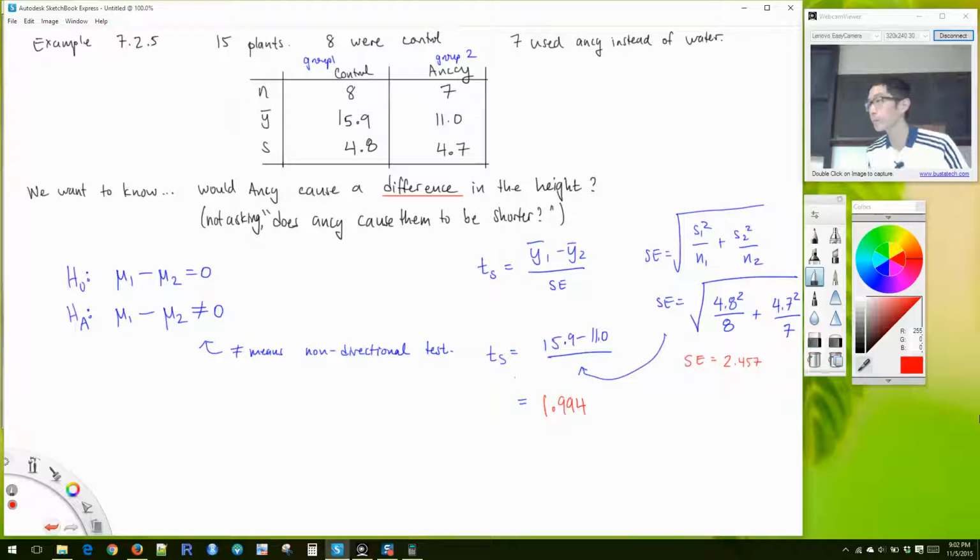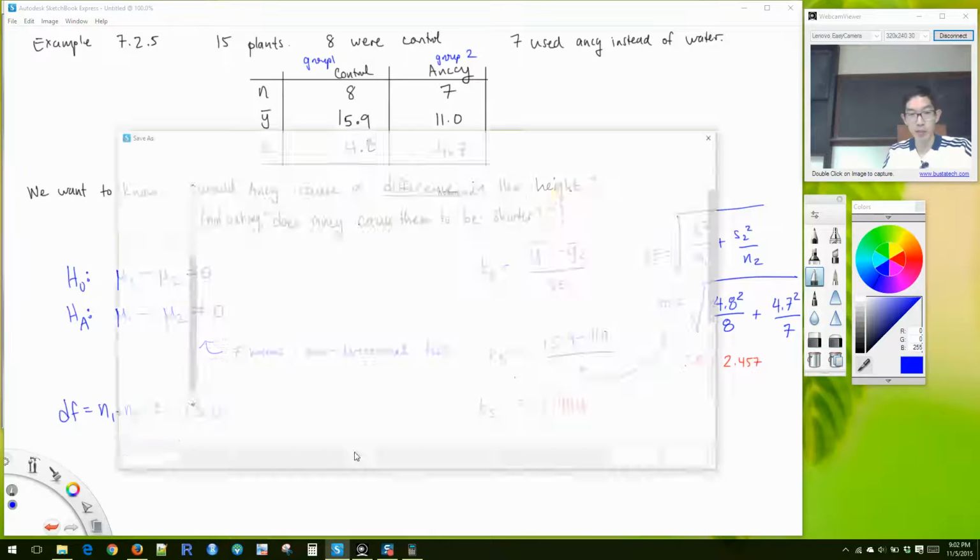This is okay. And how many degrees of freedom would I use? Just as an approximation, we're going to use n1 plus n2 minus 2. So I'm going to have 13 degrees of freedom. My test statistic is 1.994, and I have 13 degrees of freedom.